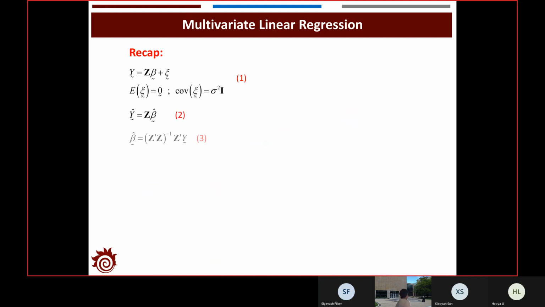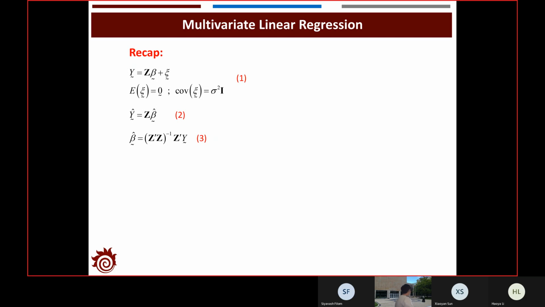And now let's see more details about the expected value of the parameters beta, and the variance, covariance, and so on. This will give us more details about whether the estimator is unbiased or not. So we have some definitions. First of all, we have the linear formula for the relationship.